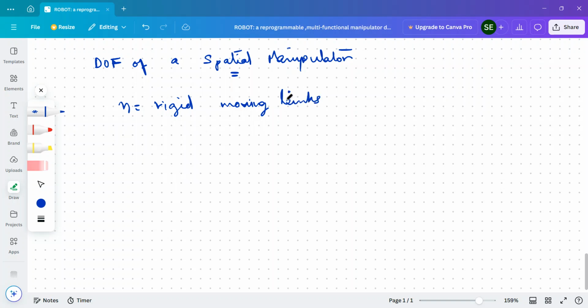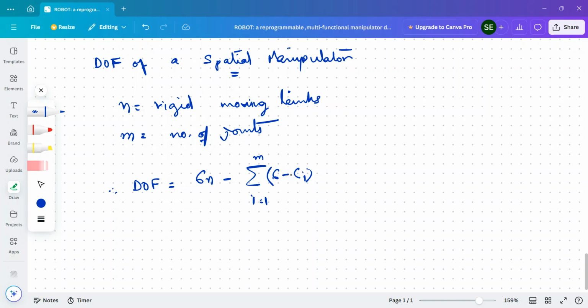That is, the number of links is n, and m is equal to the number of joints. Now, the mobility or the degrees of freedom of this spatial robot will be 6n minus the summation of i equal to 1 to m of (6 minus ci).